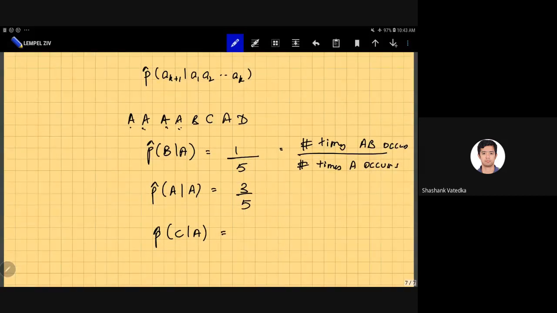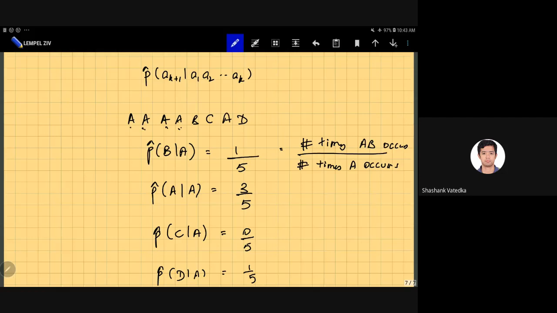So it's the number of times AC occurs, right? You never see any AC in this particular sequence, so it is 0 divided by 5. And similarly, p hat of D given A is the number of times AD occurs divided by the number of times A occurs. What is that equal to? It's 1 over 5, right?